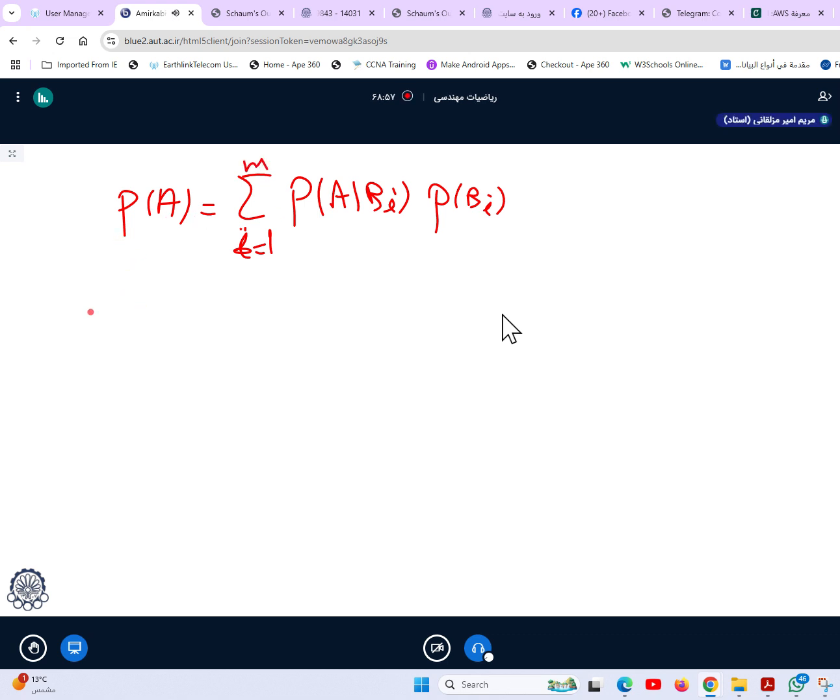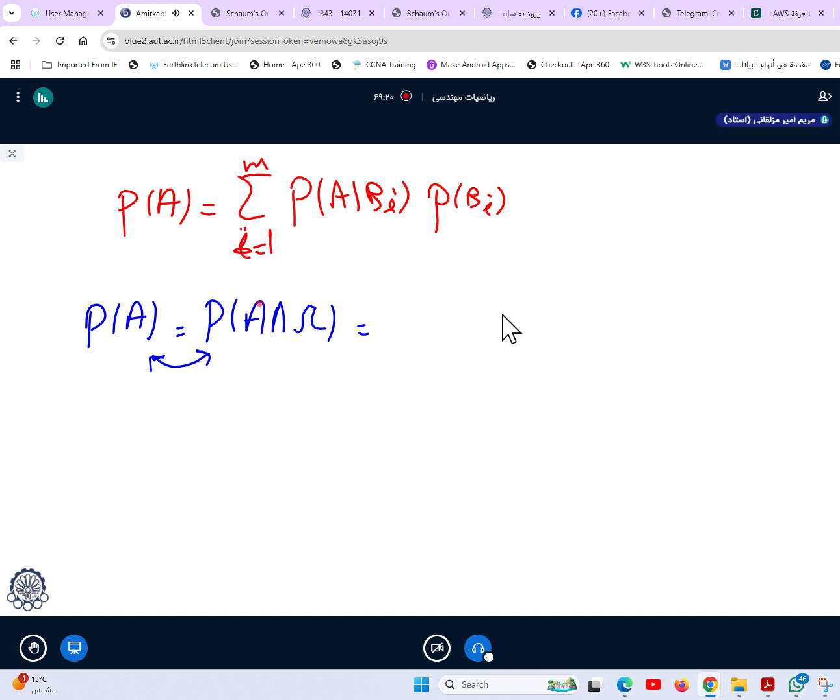Let's start with the first side. We have this equation. Is this correct? I write probability of A is equal to probability of A intersection with omega.